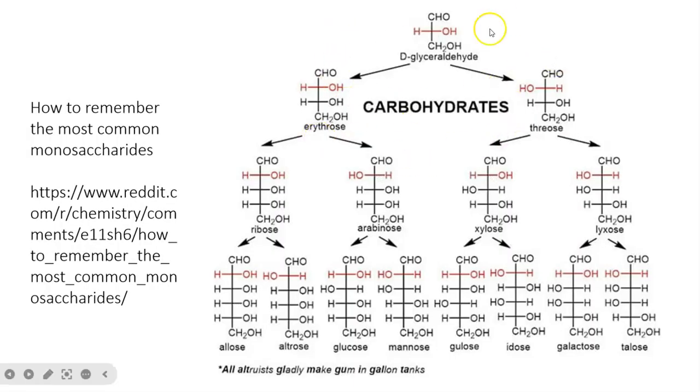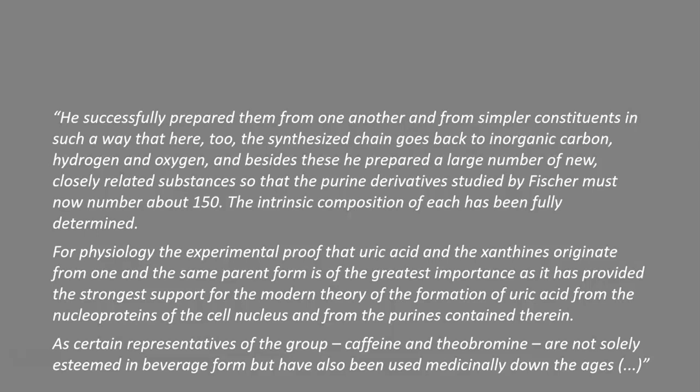Here we see again a lot of monosaccharides, which you can see are all more or less the same, but they are stereometrically different. They have a different shape, even though they have the same carbon and hydrogen and oxygen atoms.